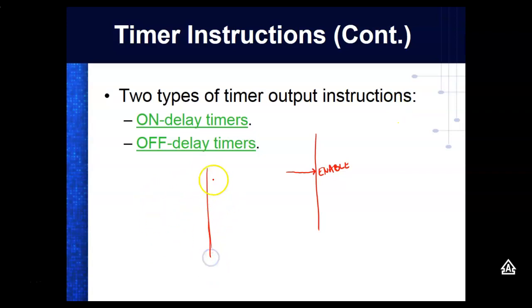Basically, the two inputs would have a start timing, and then it's got another one called enable. So if the enable is false and the start timing is true, it won't time. Or if the enable is true and the start timing is not true, the timer won't start timing.